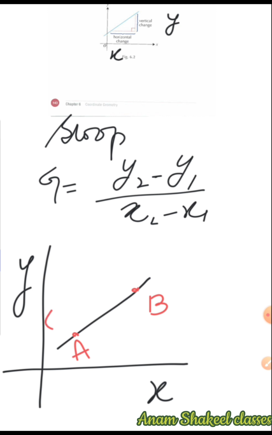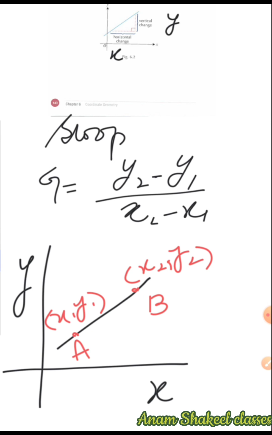The coordinates of A will be x1, y1, and the coordinates of B will be x2, y2. We substitute these values in the formula of gradient and we get the answer.